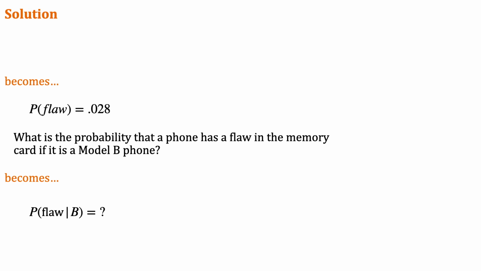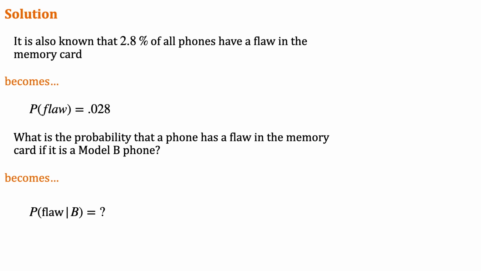That's the question we're trying to answer. We know it's Model B, so the B is to the right of the vertical line. The vertical line means given that B has happened for sure, what is the probability of flaw?